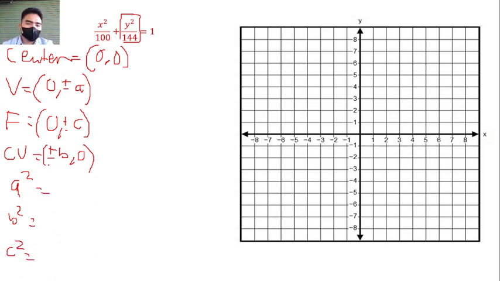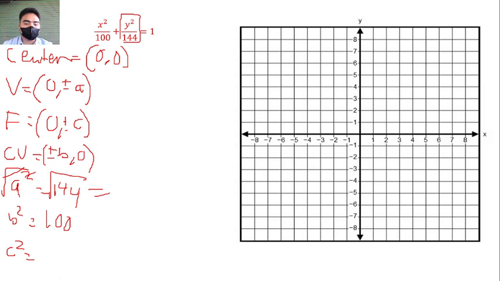A squared is 144. B squared is 100. In order for us to get A, we're going to get the radical of it. What's the square root of 144? The square root of 144 is 12, of course.